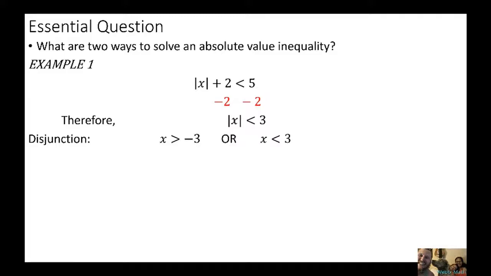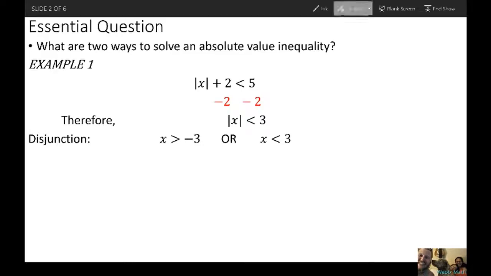Here's our disjunction. Now, if you notice, the symbol for x is greater than negative 3 switched, it flipped. And the reason why is because in your disjunction, whatever was in your box is equal to the negative version of the number that's on the right.